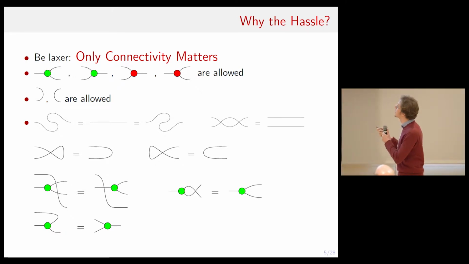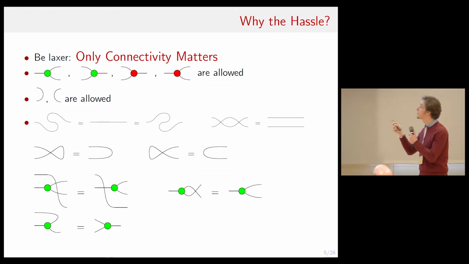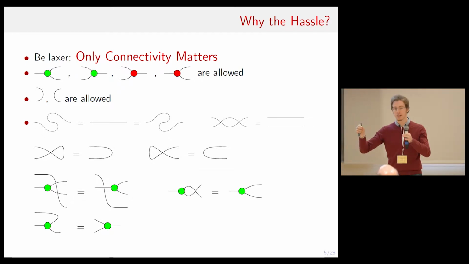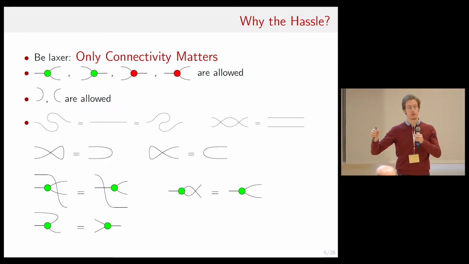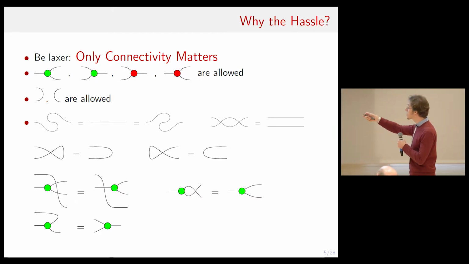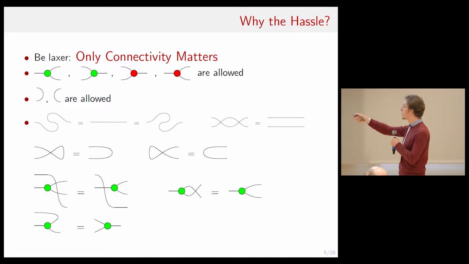There is a paradigm, only connectivity matters, which basically says that once you've fixed the outputs and inputs of your diagram, then any graph isomorphism preserves the semantics. So you can move your nodes around as you wish. You can even transform an output into an input like this. Everything works fine.